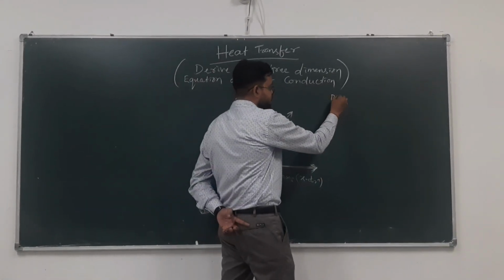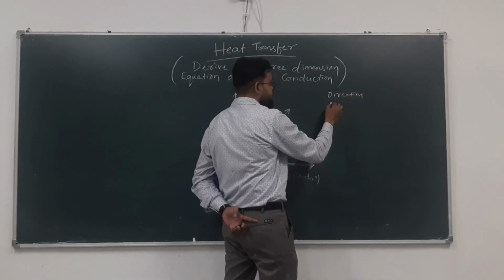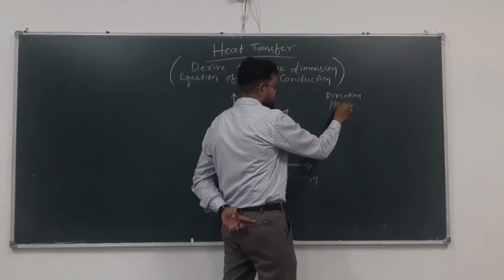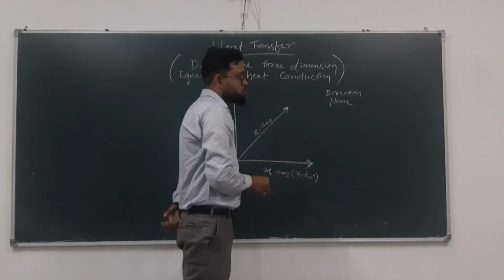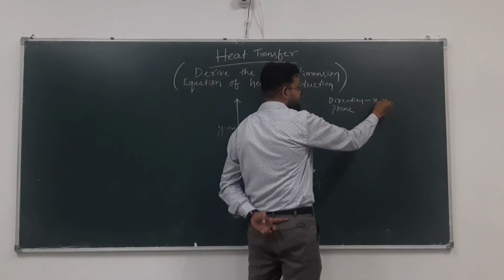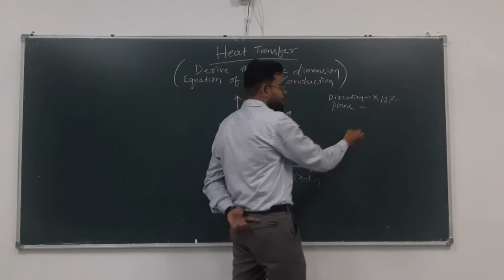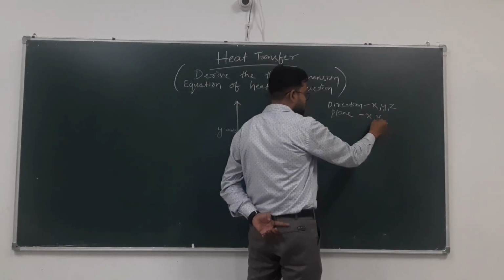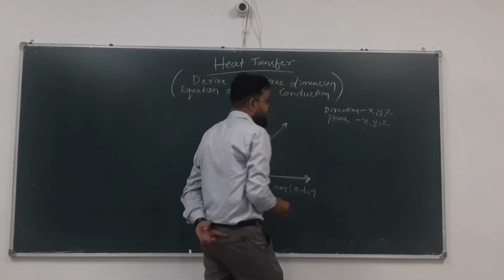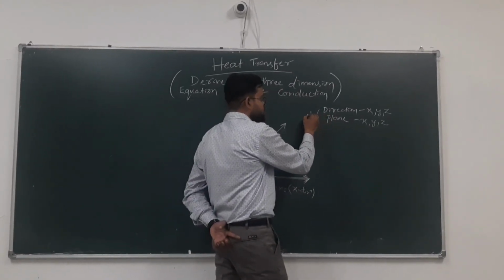One is direction, another is plane. In direction, there are three directions: x direction, y direction, z direction. Similarly, plane also: x plane, y plane, and z plane. The directions and planes are perpendicular to each other.